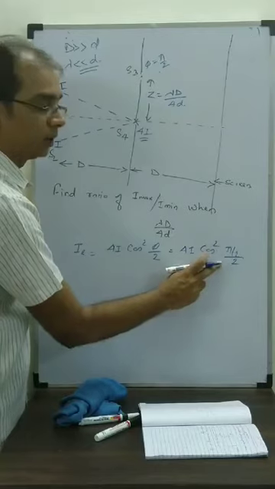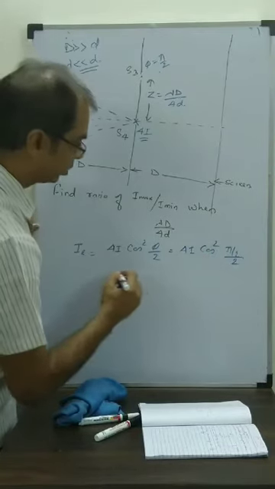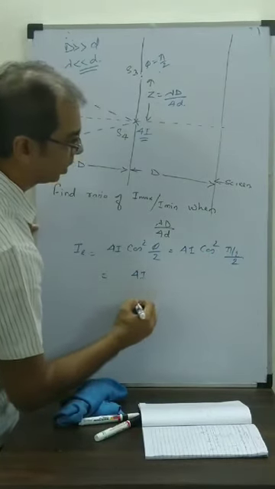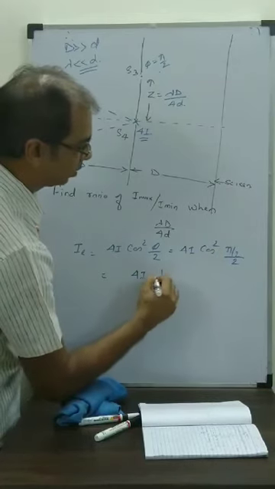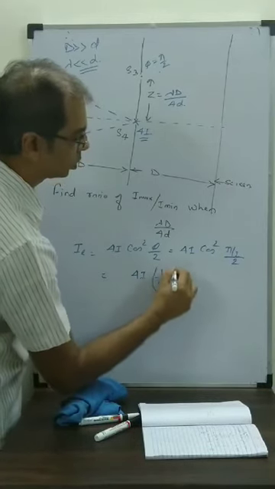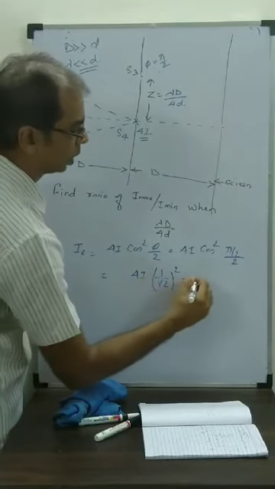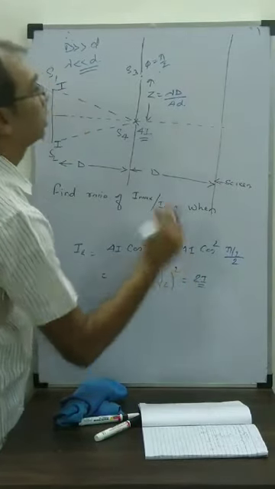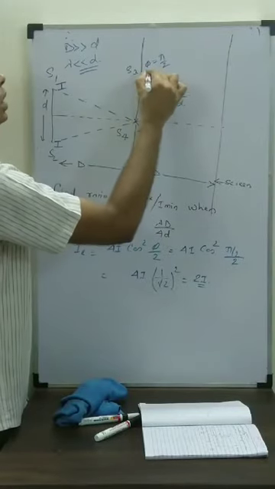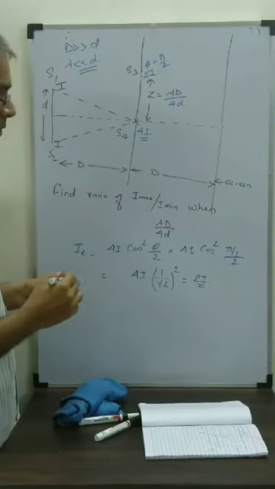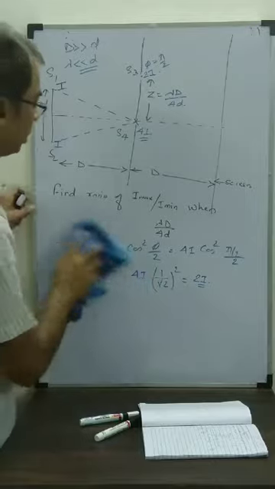Cos pi by 4 value is 1 by root 2. Let's put it: 4I into cos pi by 4, 1 by root 2, whole square. So 4I by 2, that means 2I. So here intensity we are getting is 2I now. Then we have to find again the I maximum by I minimum ratio.